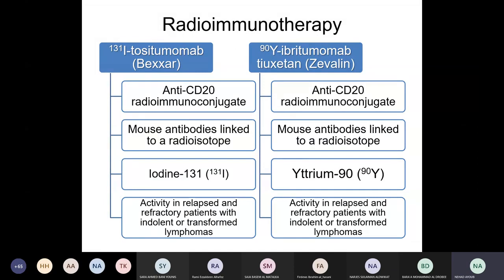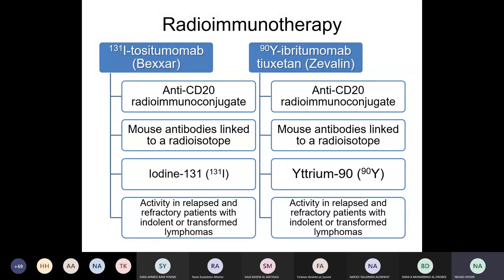We have another approach to treat advanced follicular lymphoma, which is radioimmunotherapy. In radioimmunotherapy, we have an anti-CD20 monoclonal antibody conjugated to a radioactive isotope. The anti-CD20 monoclonal antibody serves as the vehicle, the delivery system, that will deliver the radioactive molecules to the lymphoma cells.